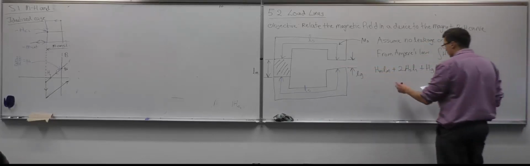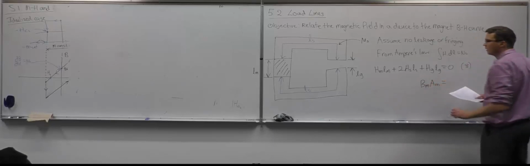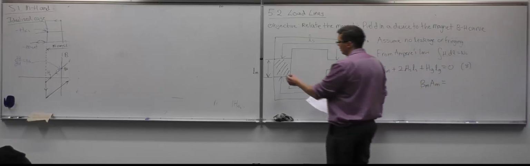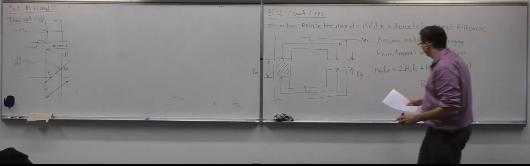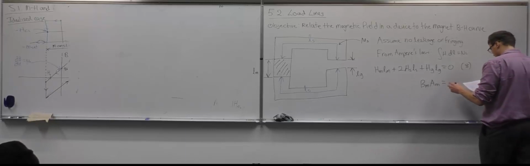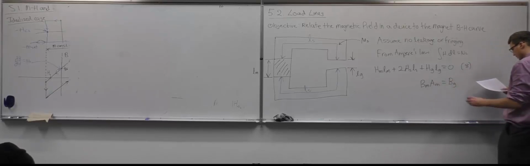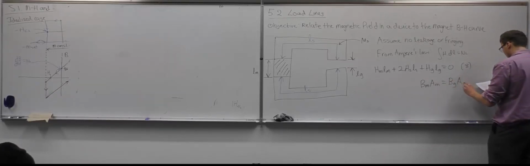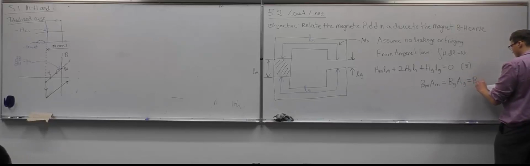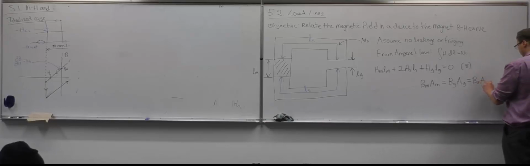And so therefore we would have that Bm Am, now I didn't draw it on here, but you could picture the magnet having some magnetization direction, so that the magnetic flux density due to the magnet times the area of the magnet has to equal the magnetic flux density going through the air gap times the area of the air gap, and that also has to equal the magnetic flux density going through the steel times the area of the steel.